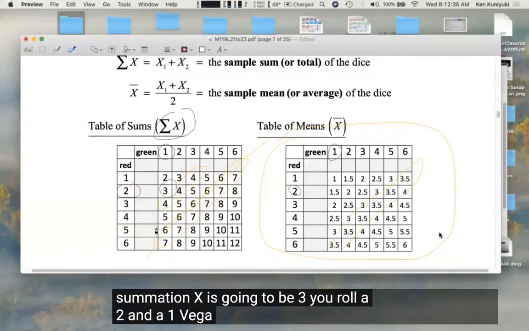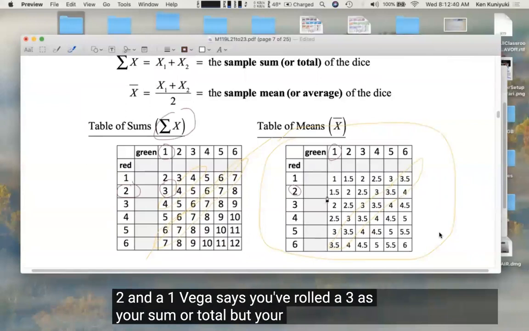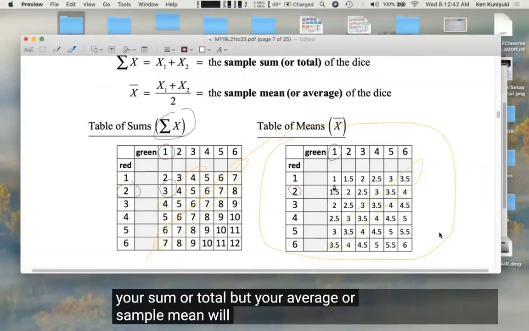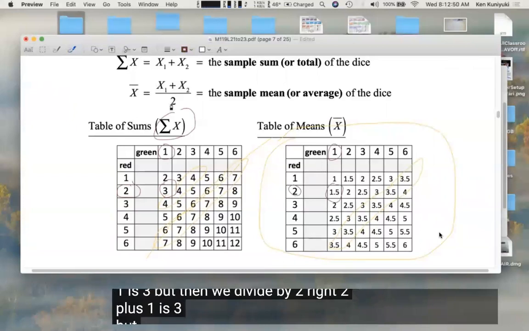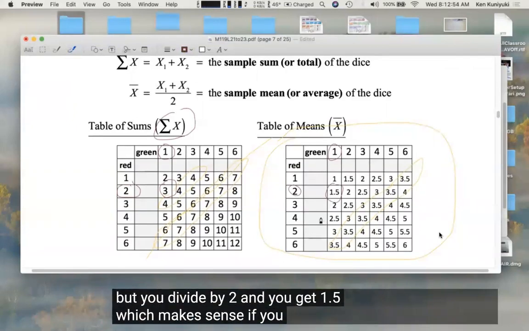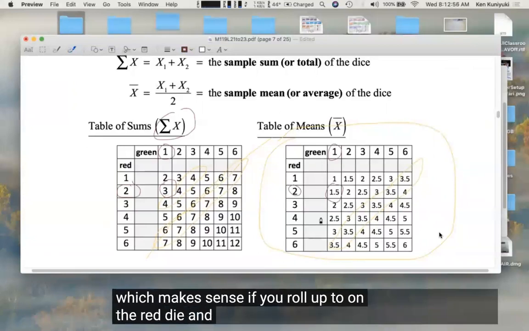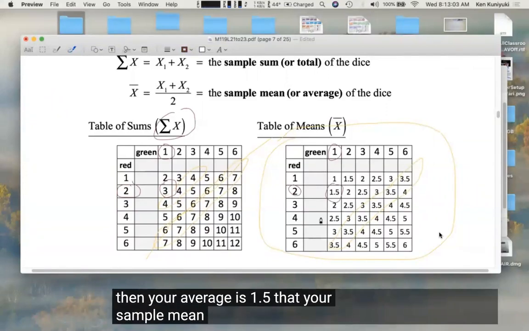You roll a 2 and a 1, Vegas says you rolled a 3 as your sum or total. But your average, or sample mean, will be 1.5. 2 plus 1 is 3, but you divide by 2, and you get 1.5, which makes sense. If you roll a 2 on the red die and a 1 on the green die, then your average is 1.5. That's your sample mean.